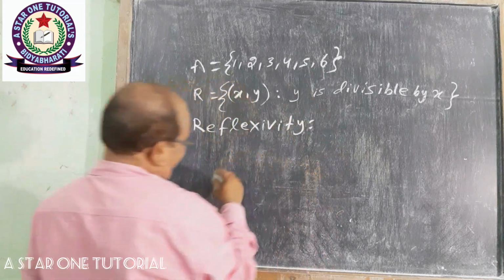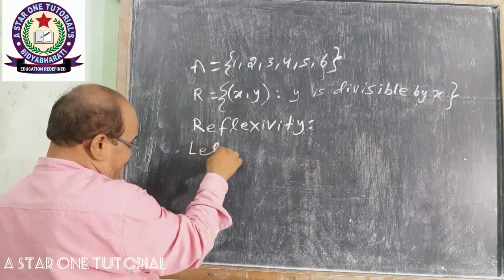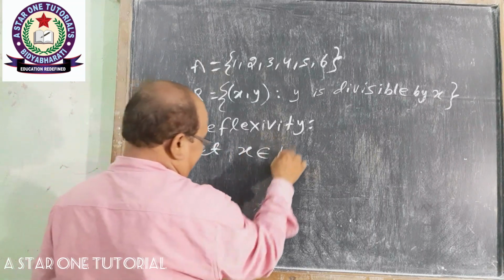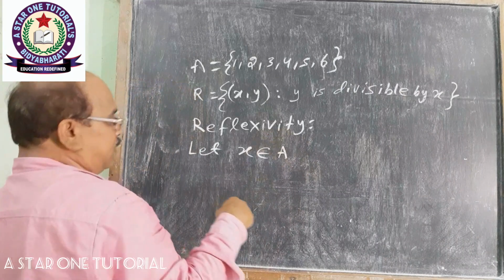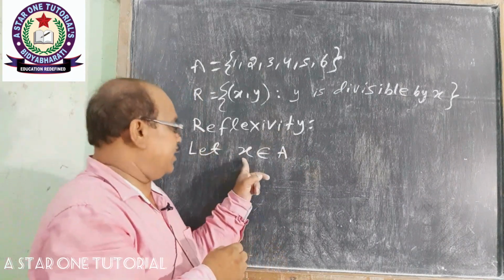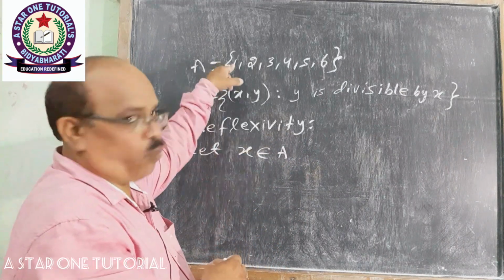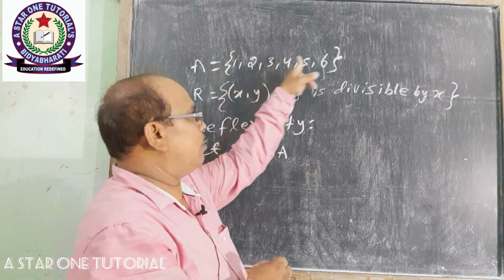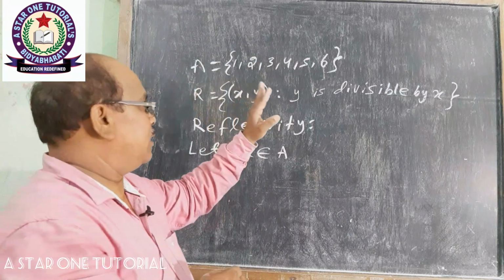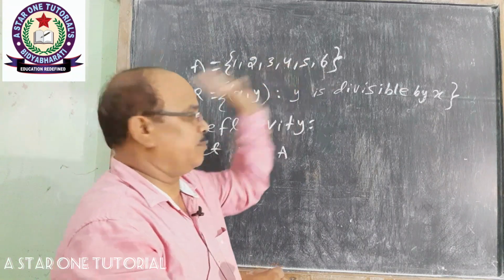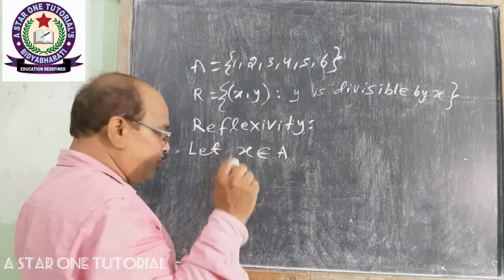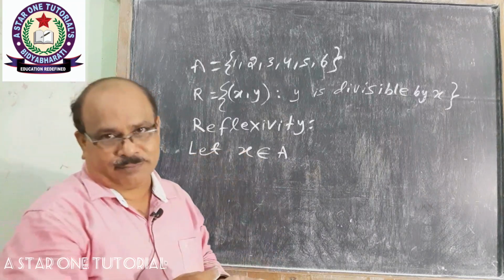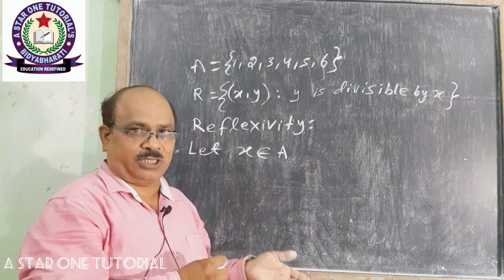Let x belong to the set A. Here x represents either 1 or 2 or 3 or 4 or 5 or 6, any one out of these 6 elements. We know that a number is divisible by itself. A number divides itself.